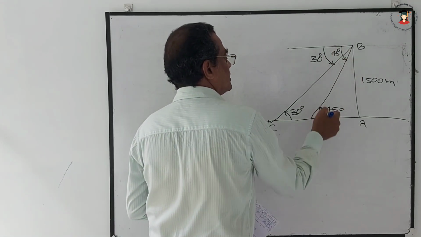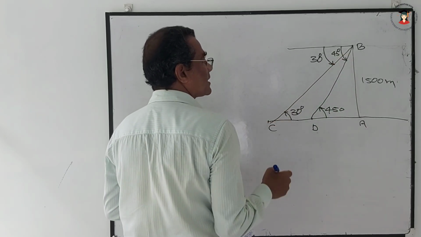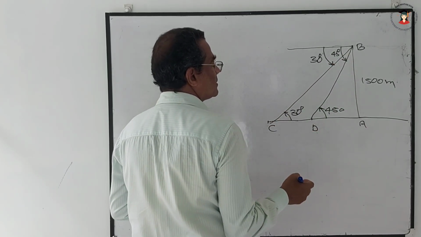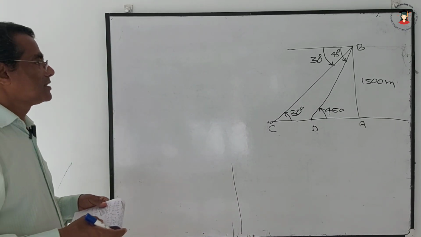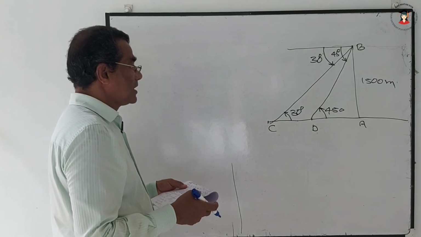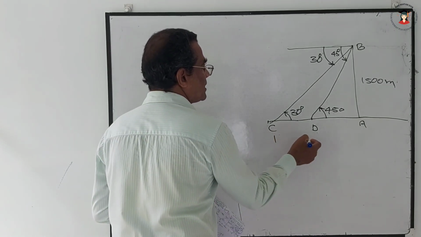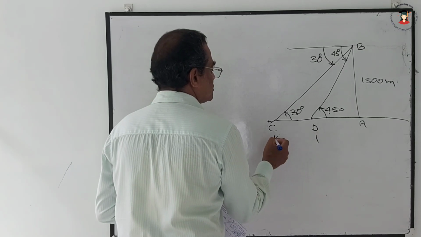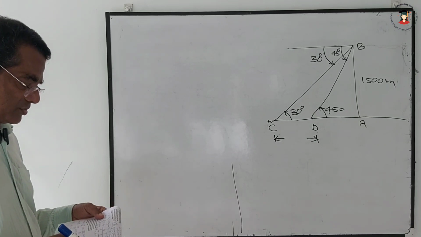ABD is the first triangle and ABC is the second triangle. So let us consider these two triangles separately, and let us see how we can find out the distance between the two ships. C and D are the ships. So this distance, that is CD, we need to find out.